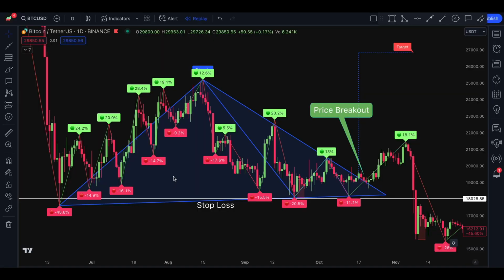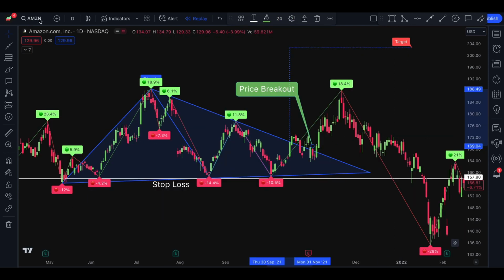Let's investigate the effectiveness of these patterns with an example on Bitcoin. We can see that the price broke out of the resistance, but before reaching the take-profit price, it reverted back and broke through the support level, forcing a stop loss. Without trade dots, traders could never take any profits from this trade. Here's another example on Amazon.